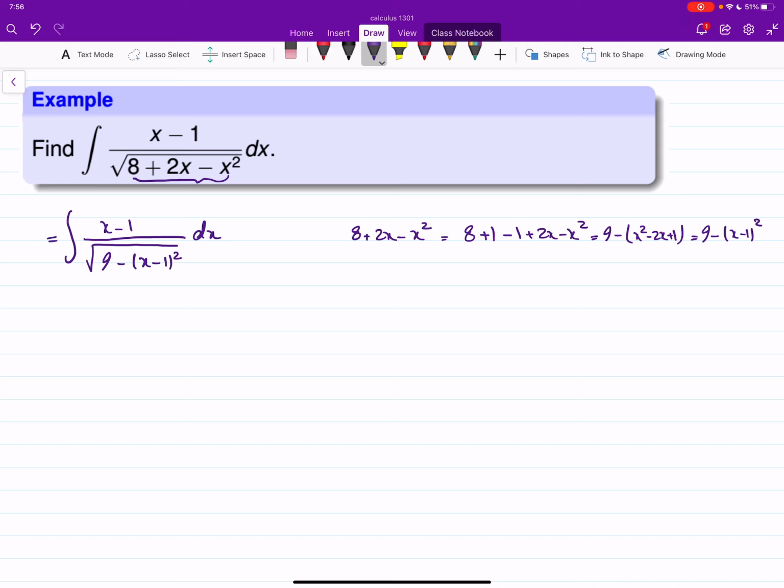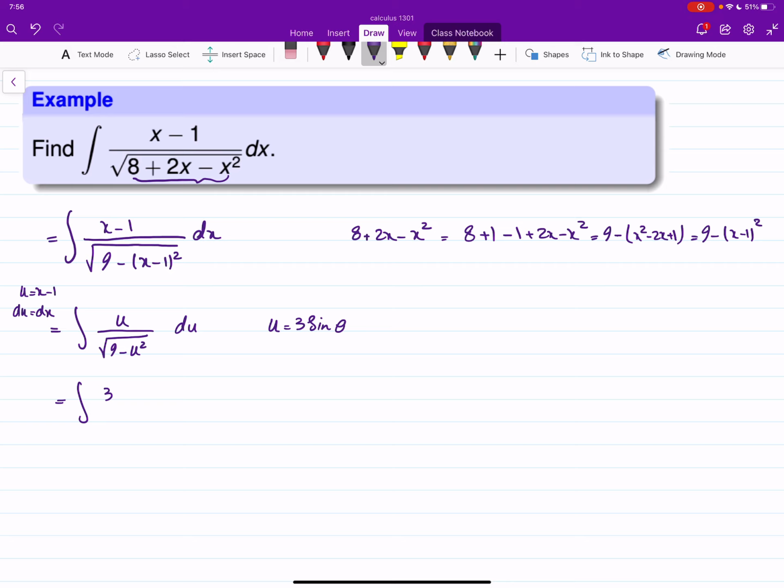Why is this important? Now we can just do a simple u substitution, and this will give us what we are looking for. In the numerator we have u du over root of 9 minus u squared. And then you go ahead and set u this time equal to 3 sine theta.